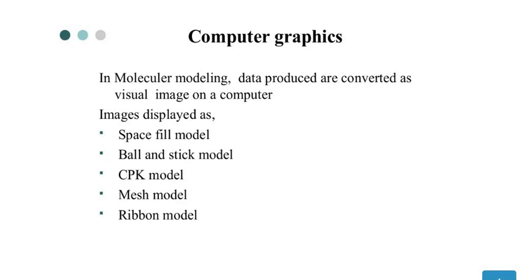So computer graphics is also very important. In molecular modeling, the data produced are converted into a visual image on a computer. Images are displayed as a space-filling model, ball and stick model, CPK model, mesh model and ribbon model. I repeat: space-filling model, ball and stick model, CPK model, mesh model and ribbon model.